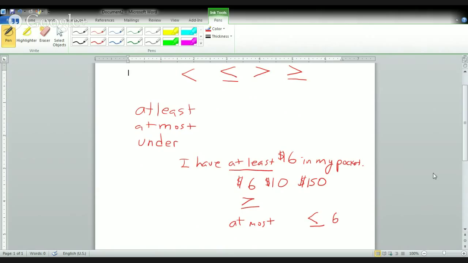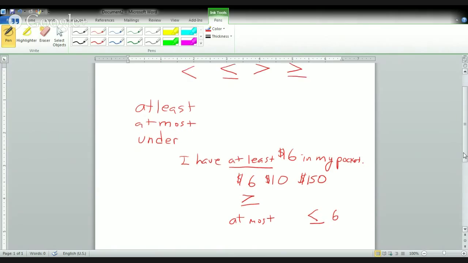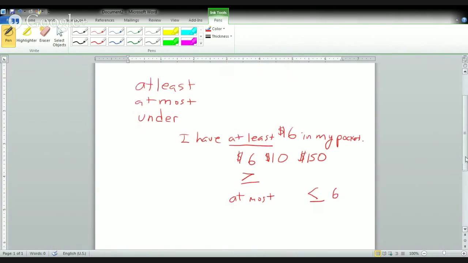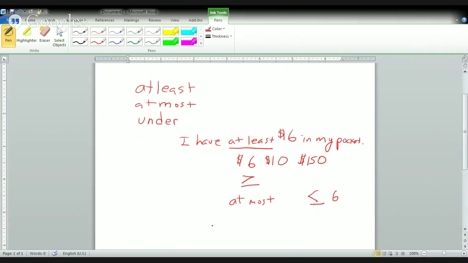All right. So that's, oh, let's look at under. That one was kind of, it was on one of our assignments we did in class. And I don't know what the sentence was, but let's say I have under $20 to spend. So under, what symbol would represent that?